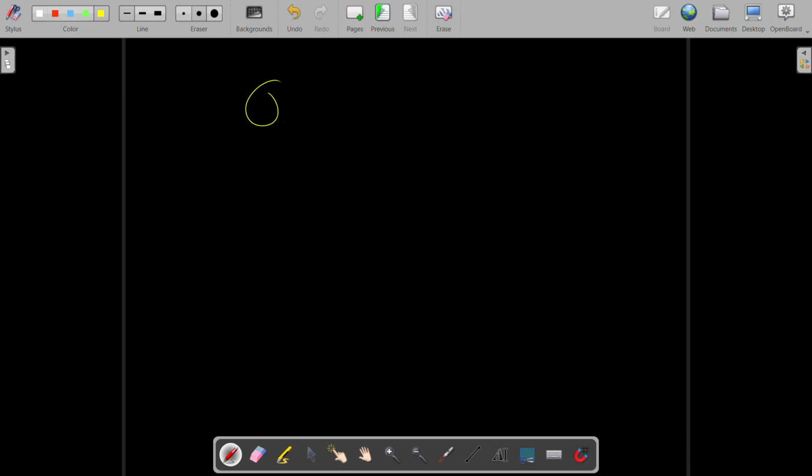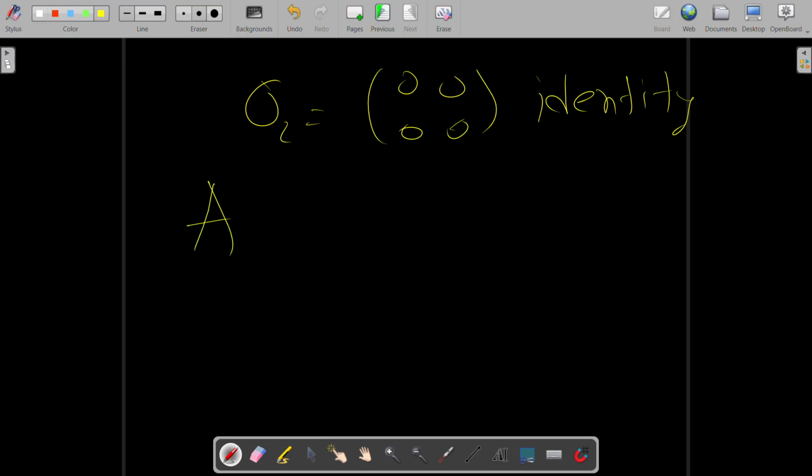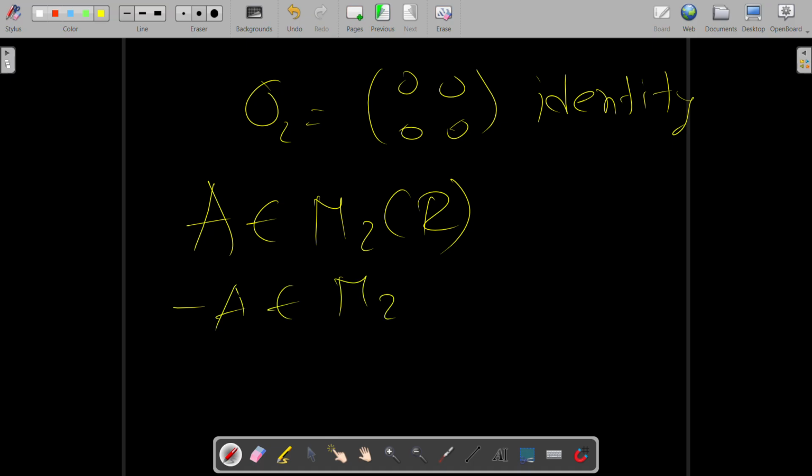The O2, the 0 0 0 0 matrix, will be the identity matrix for this group, and for any matrix A belonging to M2R, the inverse, minus A, will also exist. So for every element A belonging to M2R, its inverse of minus A will exist.